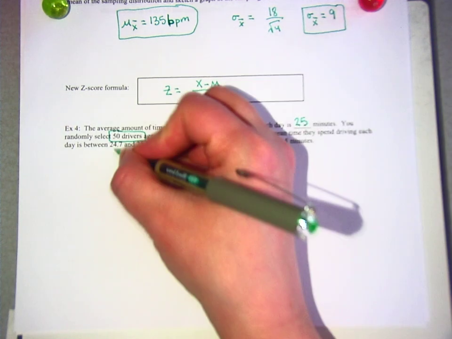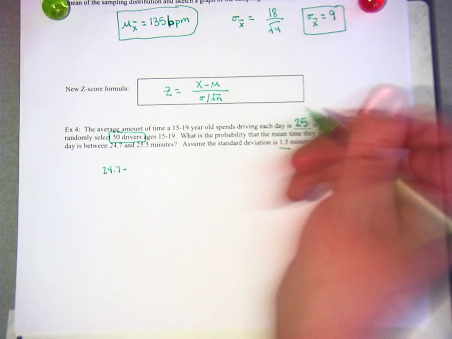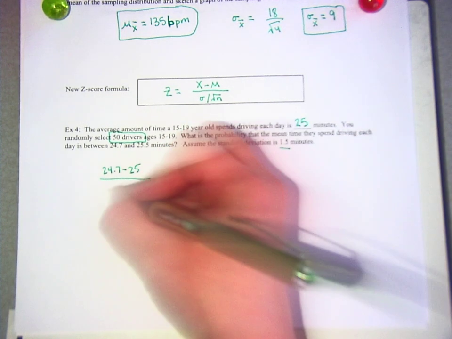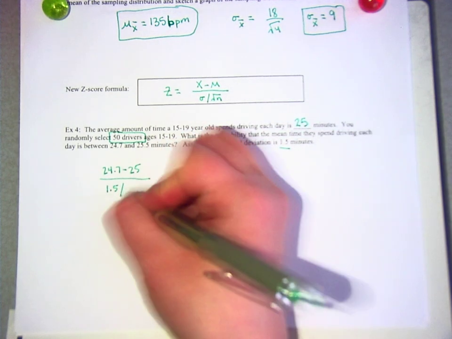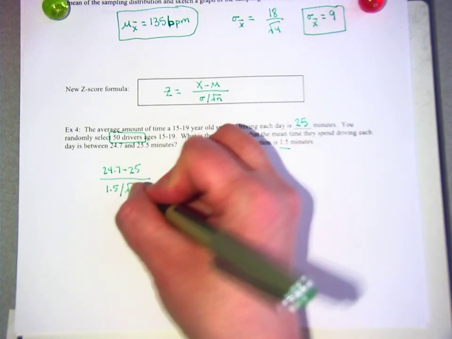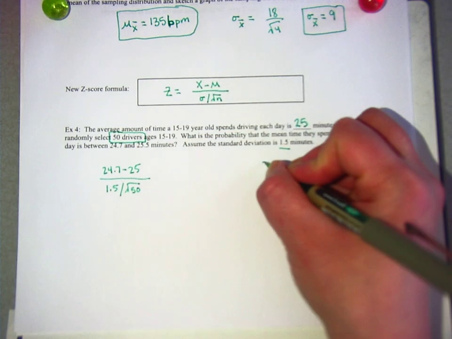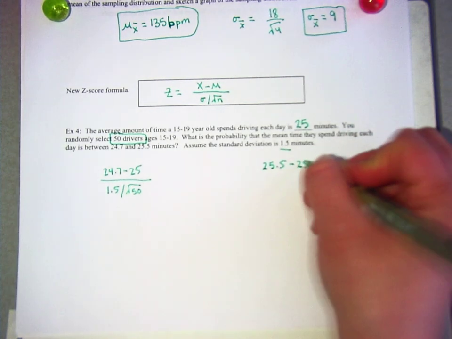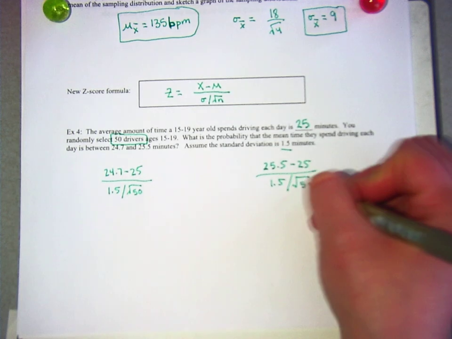The first one is going to be for 24.7, so write 24.7 minus mu, which is 25, over sigma divided by the square root of n, so 1.5 divided by the square root of 50. And the other one is going to be 25.5 minus 25 over 1.5 divided by the square root of 50.